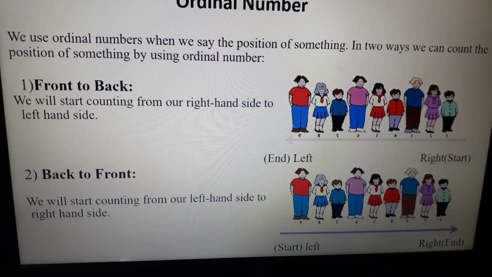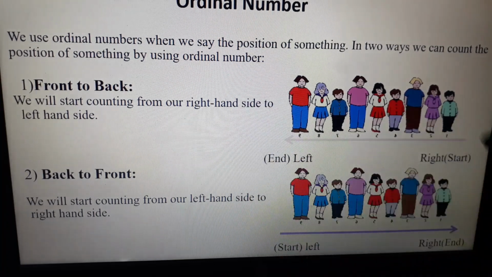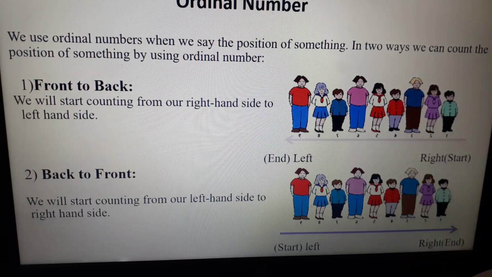Suppose I ask what is Tasin's position here and I do not mention front to back or back to front. Then you have to think the front to back way will be used. Without mentioning anything, what way will be used for counting ordinal numbers? Front to back counting, yes.